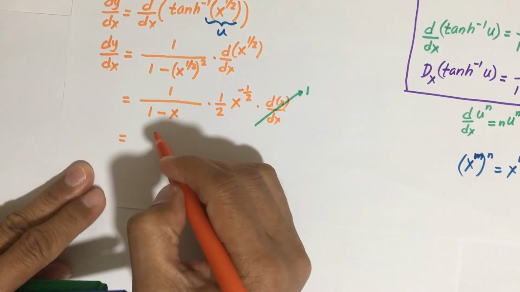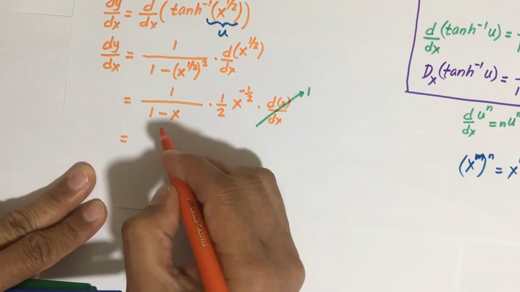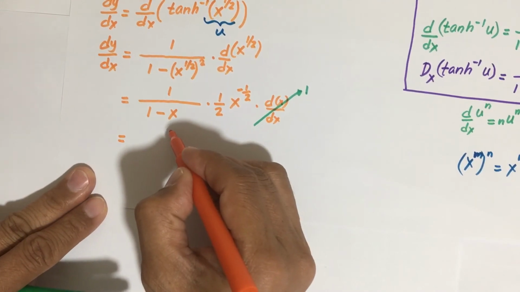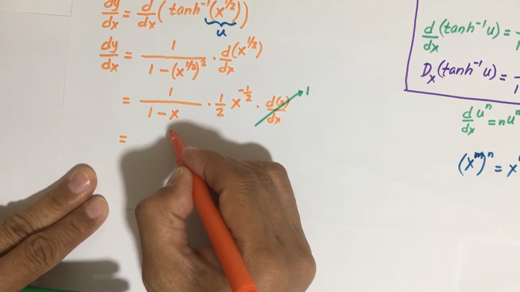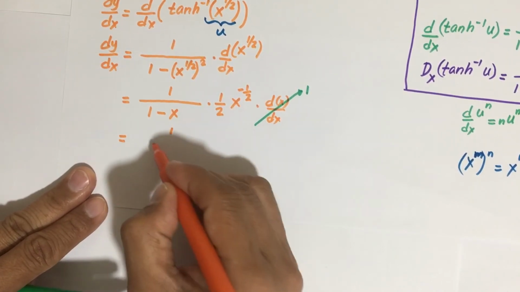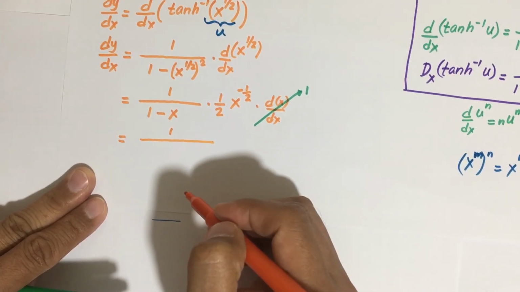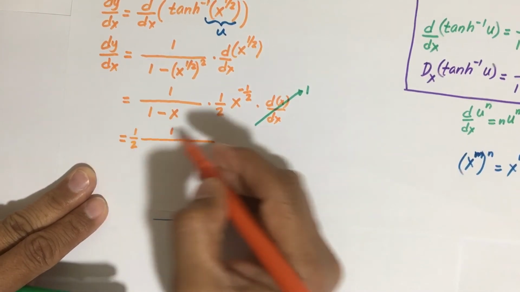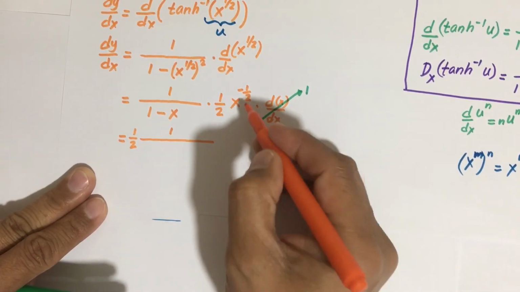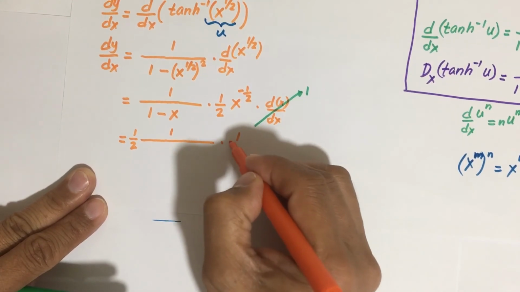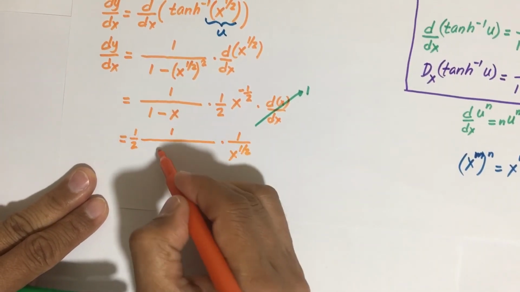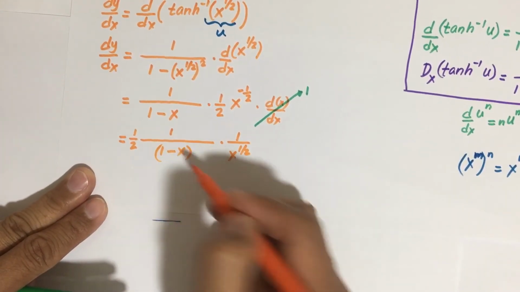Since this is multiplication, we can rewrite this as 1 divided by 1 minus x, times the constant 1/2, times, we can bring this down, 1 over x to the power 1/2.